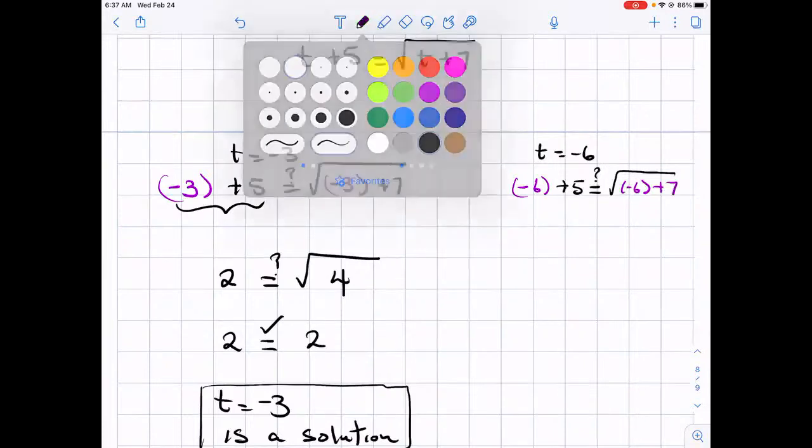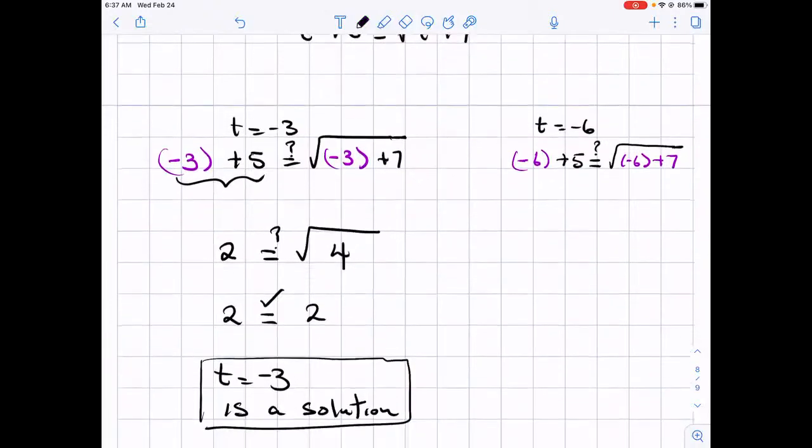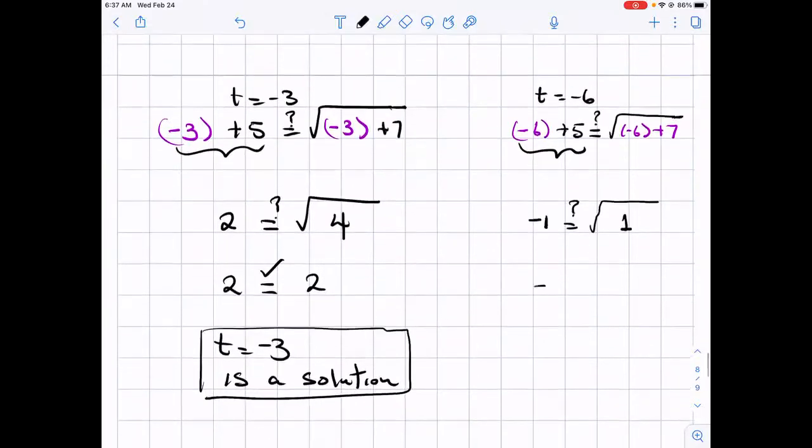So -6 plus 5 is -1. By combining these two, we end up with -1. And we want to know if that's going to be equal to this root here. -6 plus 7 is +1. So -1, is that equal to the square root of 1, which is 1?